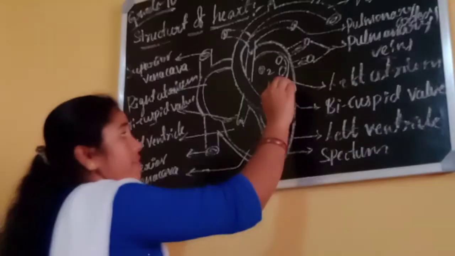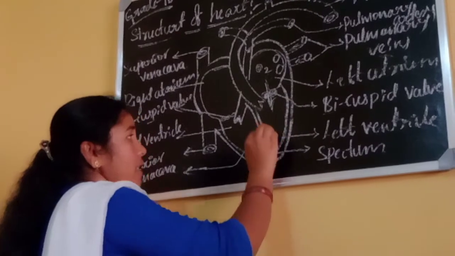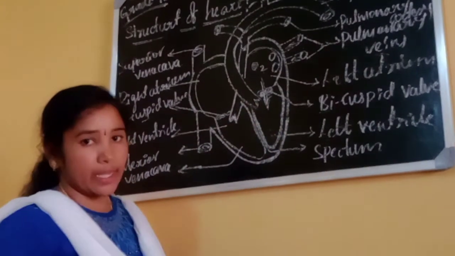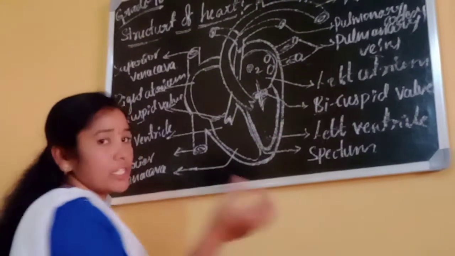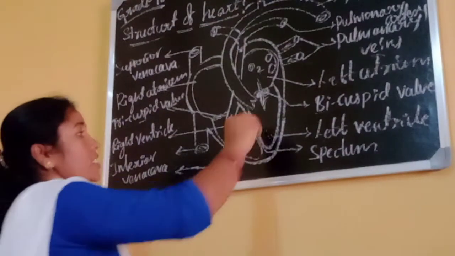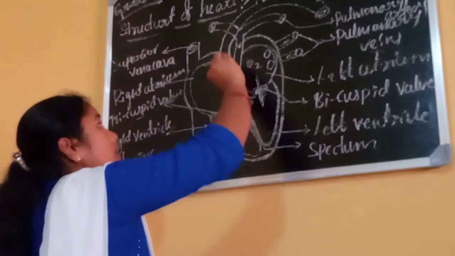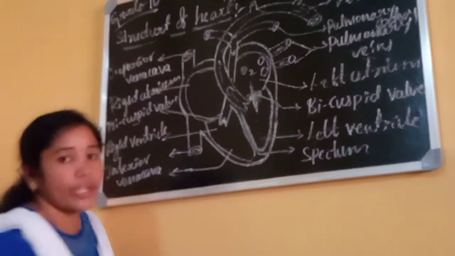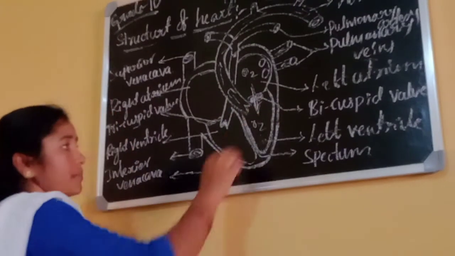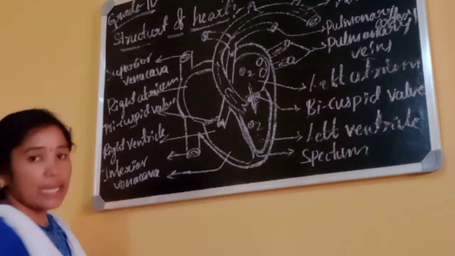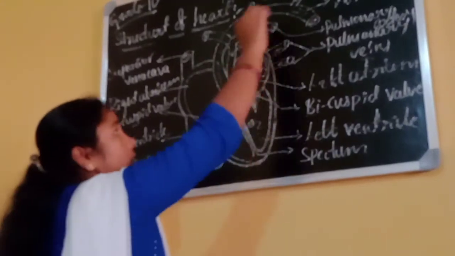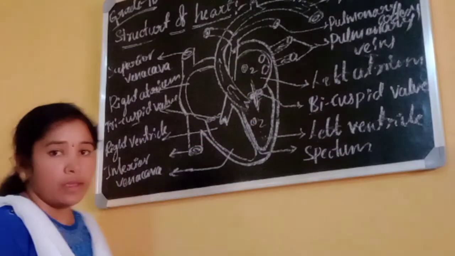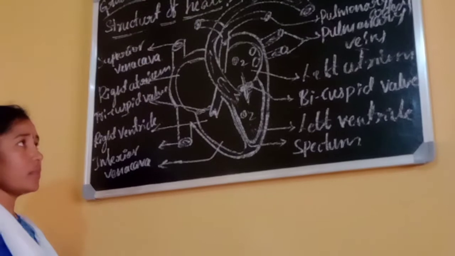And again when it contracts, which one? The left ventricle. When the left ventricle contracts, it pumps the blood to all parts of the body through the aorta. Through the aorta, pure, oxygen rich blood goes to all parts of the body, all organs.